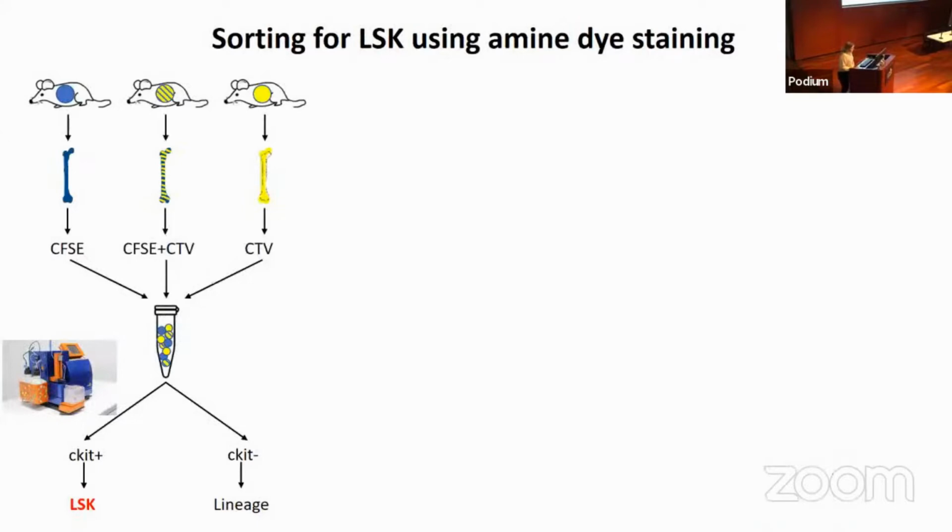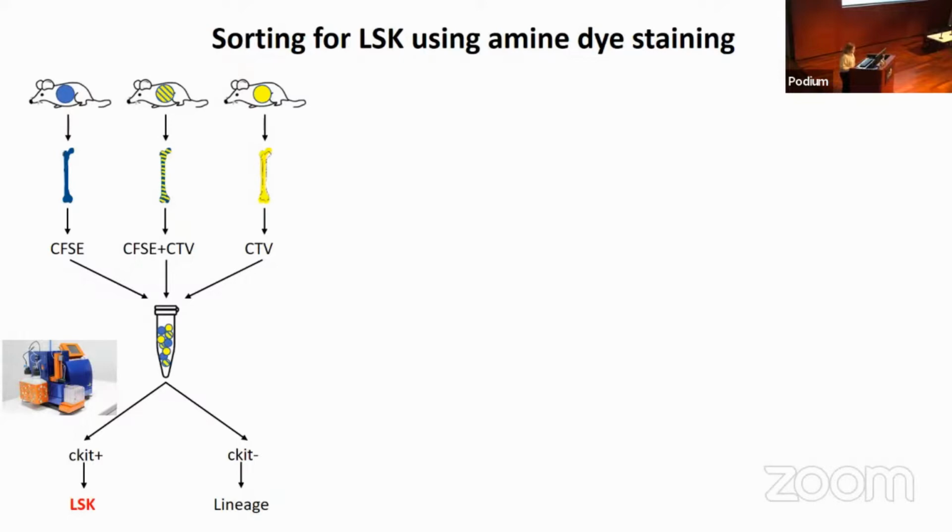For the sorting, we used amine dye staining to pool mice. We isolated bone marrow from 3 different mice and stained them with either CFSE, CTV, or CFSE and CTV, to then be able to pool the mice before we do c-KIT selection using the AutoMACS.